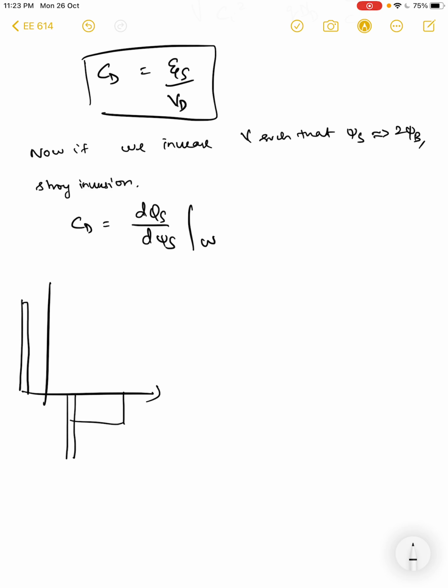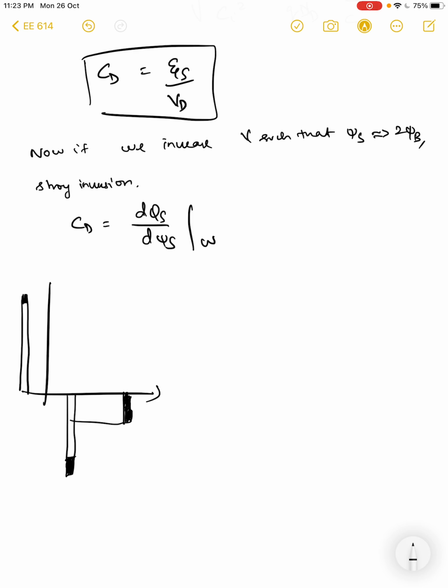So at low frequencies, any increase in potential will generate carriers in the metal side here, and will generate carriers at the interface by the mobile charges, right? However, if you increase the frequency, instead of actually forming charges at the interface by mobile carriers, you actually increase the depletion width here.